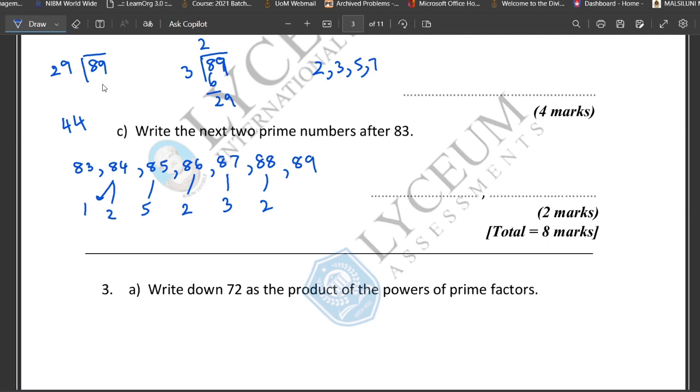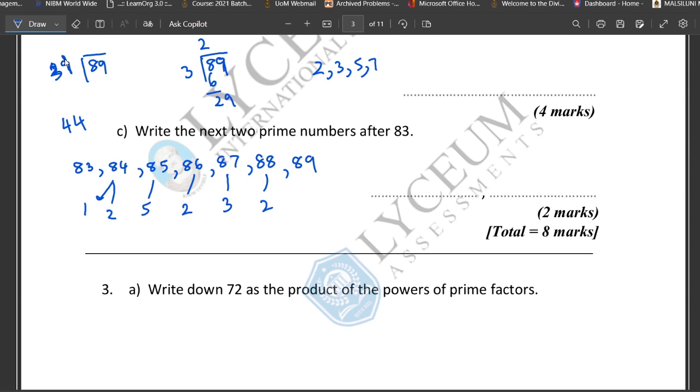So 30 is not a factor. 31. If we check 31, 31 times 3 is 93, not. 32 is not. 33 is not. 34 is also not. 35 is also not. 36 is not a factor. 37 is also not a factor. 38 is also not. 39 is also not.